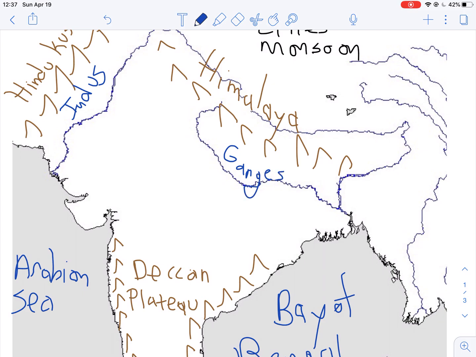And then up here that runs along the northern end and then kind of comes down and drops off into the Bay of Bengal is the Brahmaputra River. In case you can't read my penmanship, I know it's a challenge on the normal classroom board, and now I have a digital one, and that's even worse.